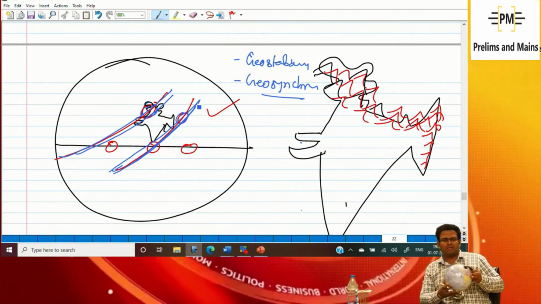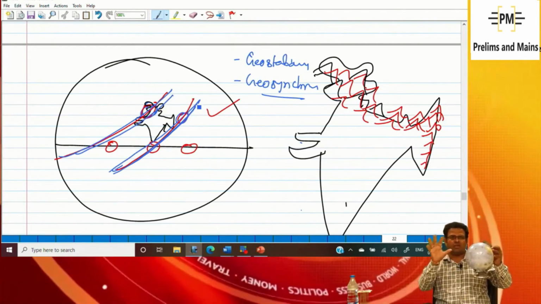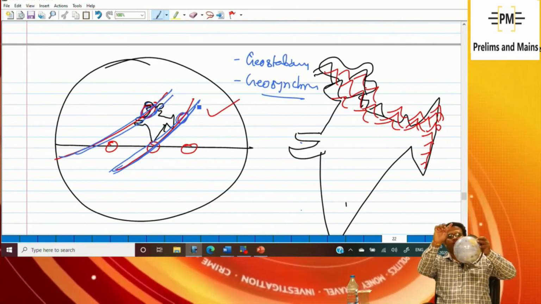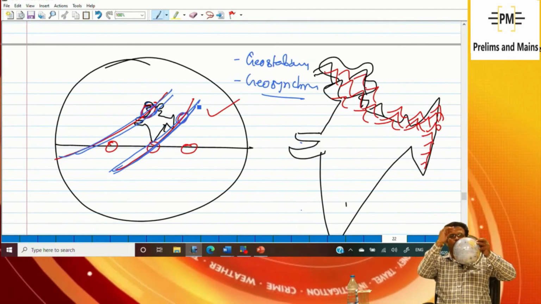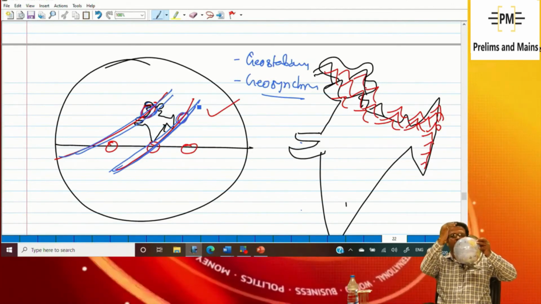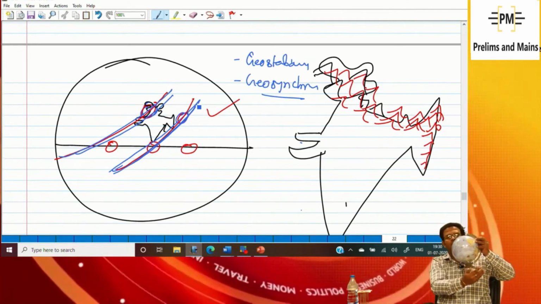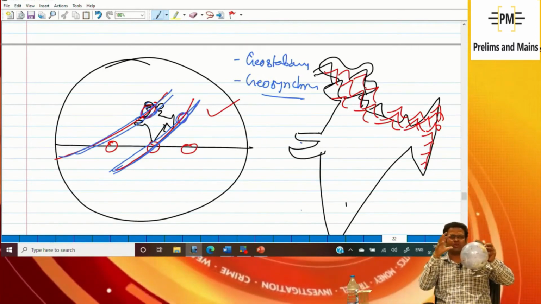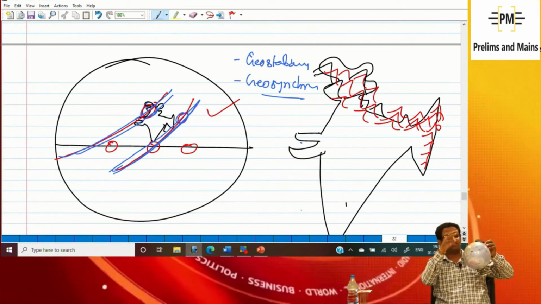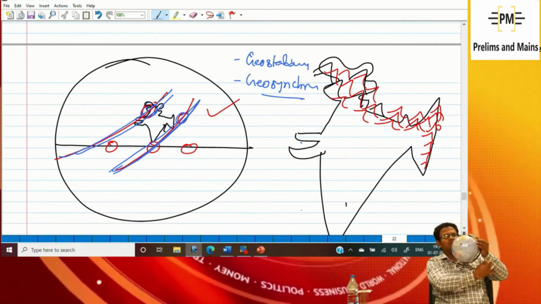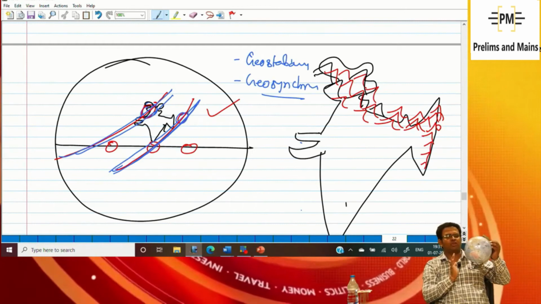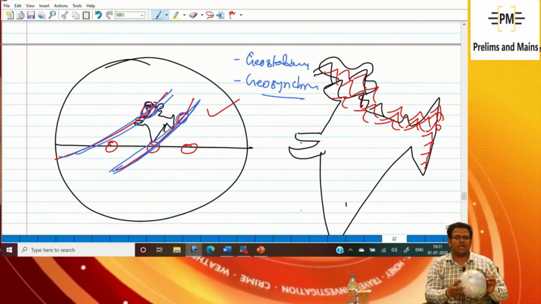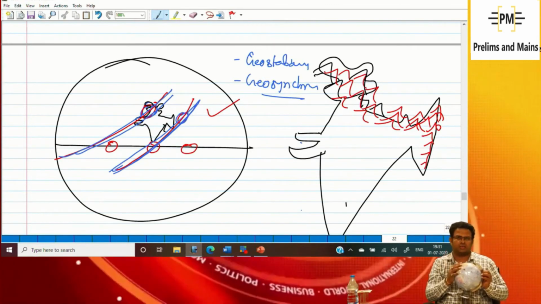Now I am asking you, and watch me very carefully. If a satellite is at an angle, then for some period, for 12 hours, it will be at the back of the Earth, the back of the sunlight. If it is rotating like this, it is geosynchronous, synchronizing with the Earth. It is synchronizing with the Earth, but it will go back. So to cover that region again, I need one more satellite. In geosynchronous I always need two satellites.